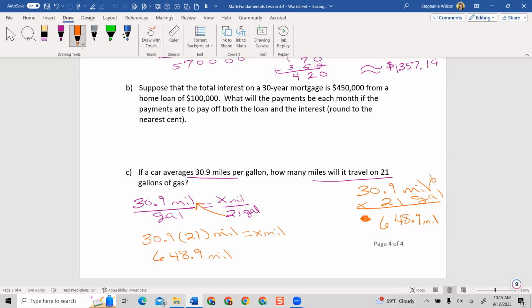And remember, this is per gallon, so that's what happened to the gallons. They reduced. Let me show you how come I was able to use the multiplication. It's all a conversion thing. So 30.9 miles divided by that 1 gallon times that 21 gallons, and the gallons reduce. So either way, the gallons reduce. There's 2 different ways. Thank you.